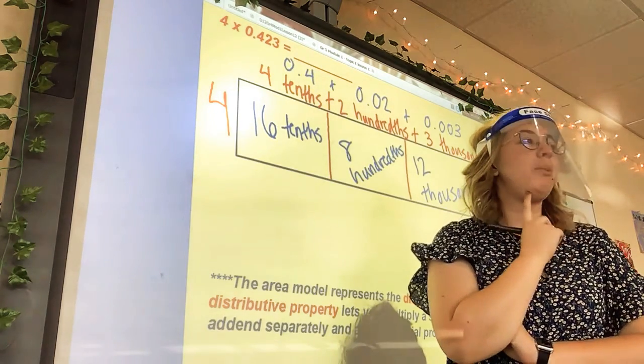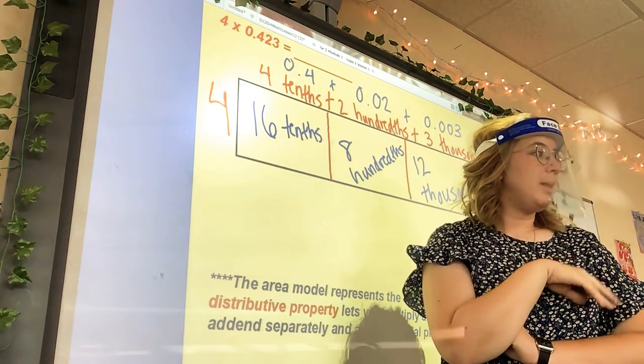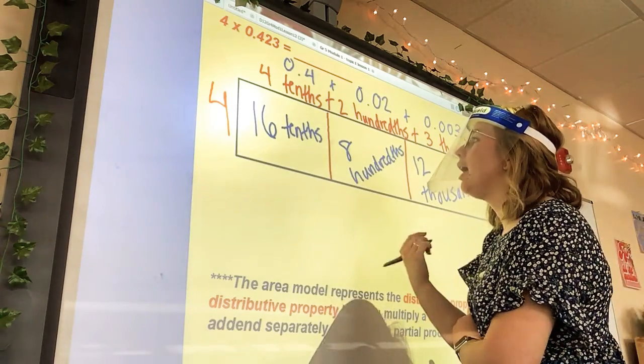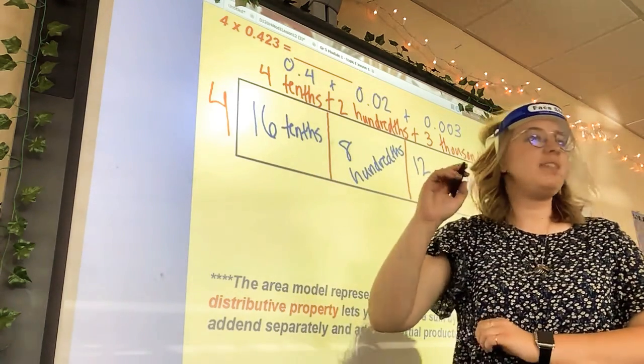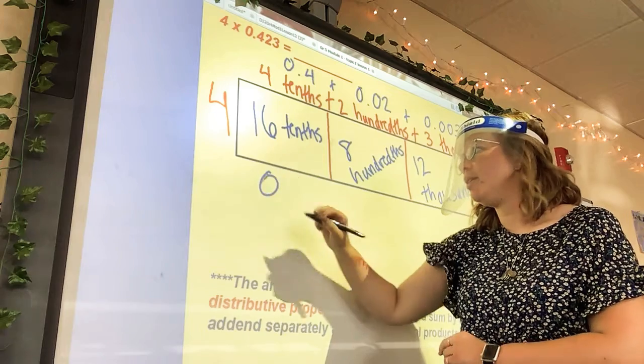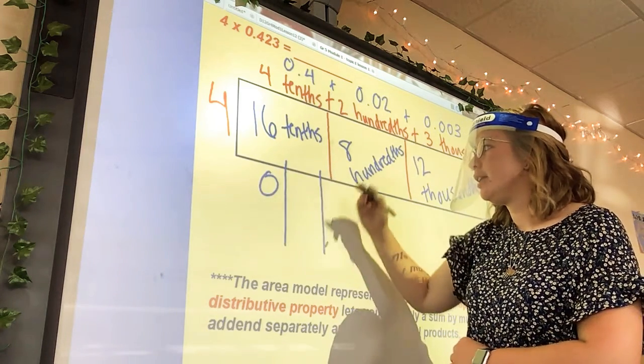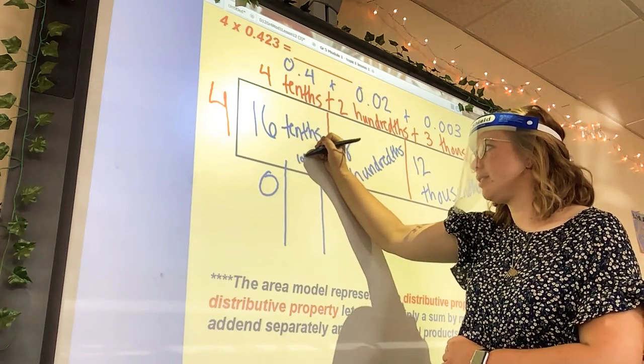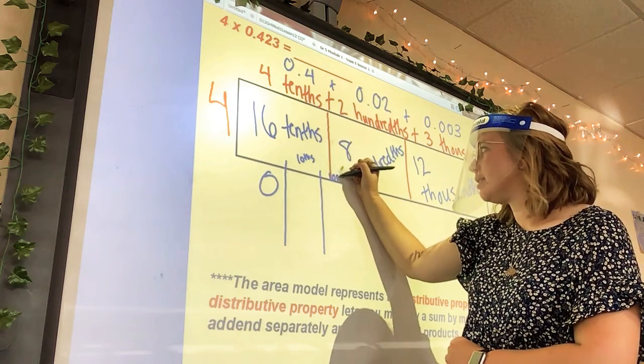So then this is maybe where standard form comes into play. So 16 tenths, if I'm thinking about that in standard form, right? We're thinking of this as a place value. Here's tenths, hundredths, right?